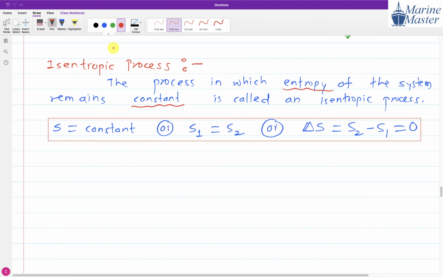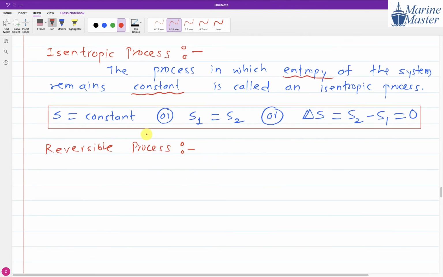Now after the isentropic process, the next process is the reversible process. What is meant by reversible process?